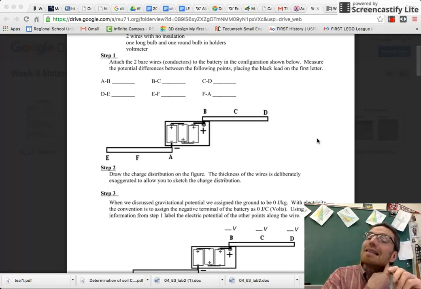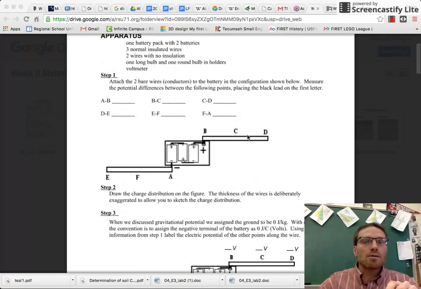And the question here, though, is that in the bare wires, when we measured potential difference along the section of wire, I saw on my multimeter that there was basically no measurable potential drop between B and C and D, and then E and F and A, which suggests that there's no electric fields set up in the bare wires.